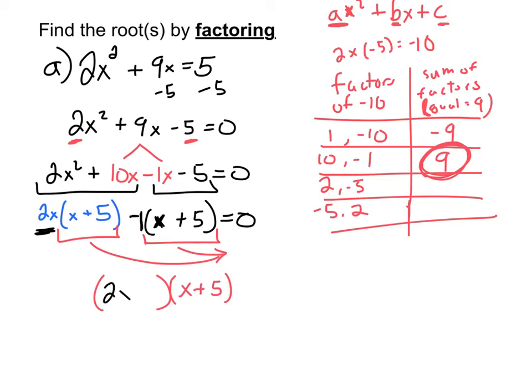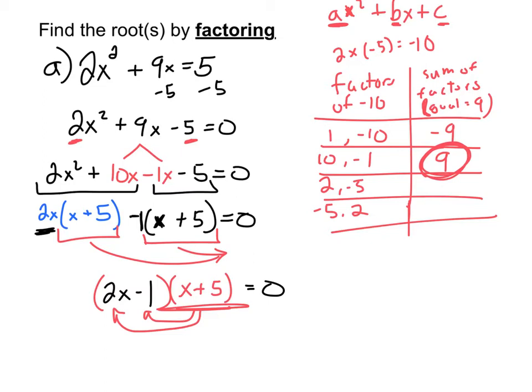So 2x minus 1. If I were to take this and distribute it, I would have 2x times this, and then minus 1 times this, which is exactly what you see up here. So that equals 0.